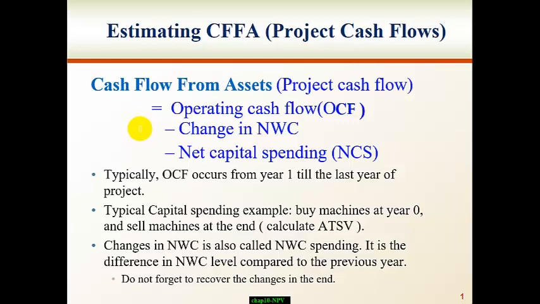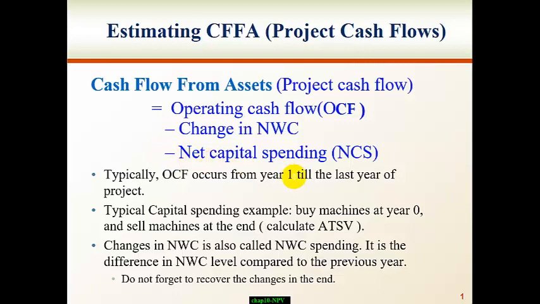Secondly, as we mentioned, oftentimes you need to support net working capital. So we want to understand how much cash flow activity there is in net working capital supporting and recovery. Normally, you need to buy equipment at the beginning and sell it in the end. So these belong to capital expenditure.